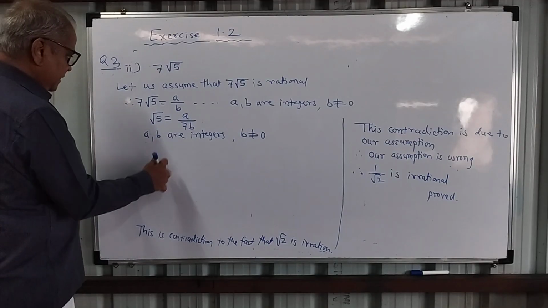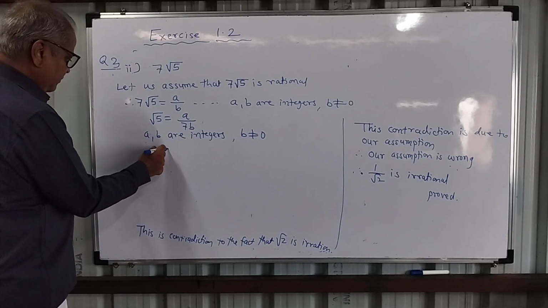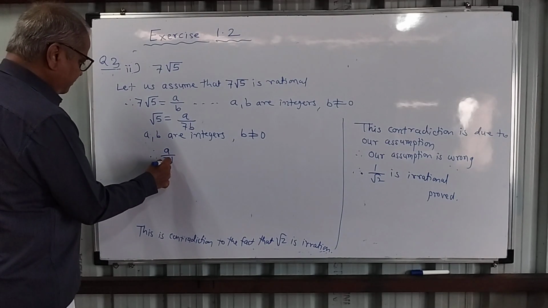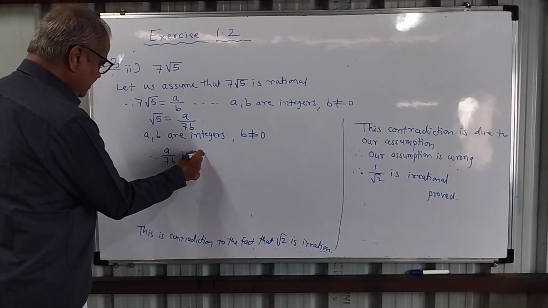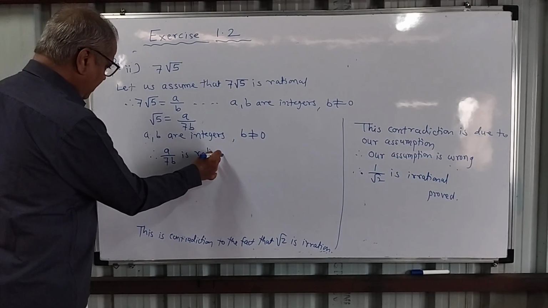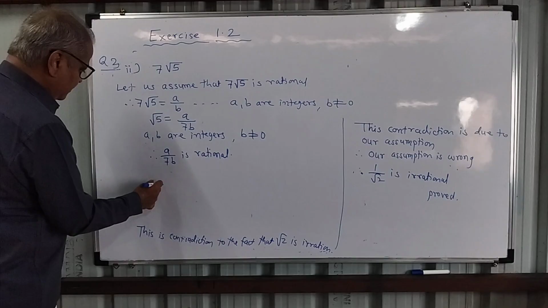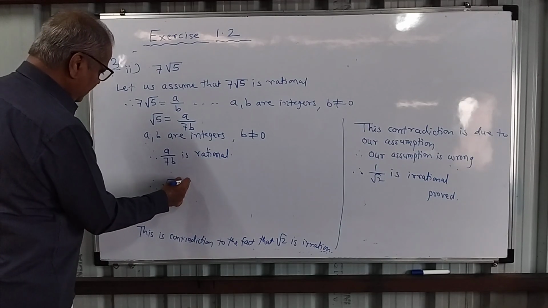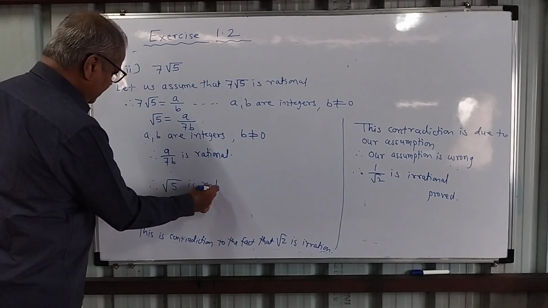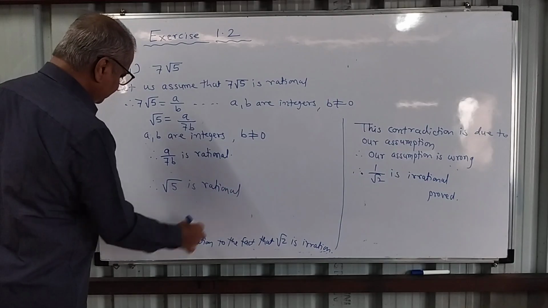So a and b are integers, b not equal to 0. Therefore, a upon 7b is rational. Therefore, root 5 is rational.